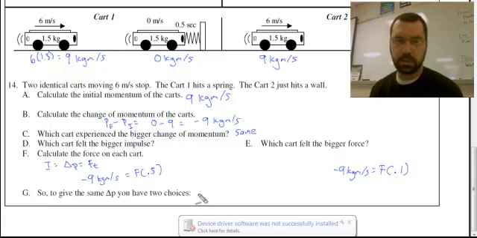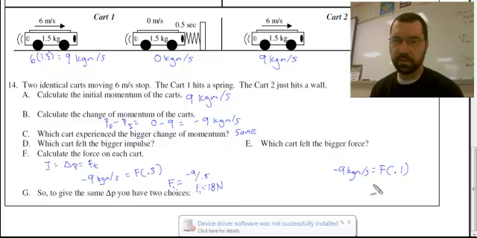Okay, so if we had to get the actual force then and solve for that for cart 1, the force on cart 1 would actually end up being negative 9 over 0.5, which equals then negative 18 newtons.